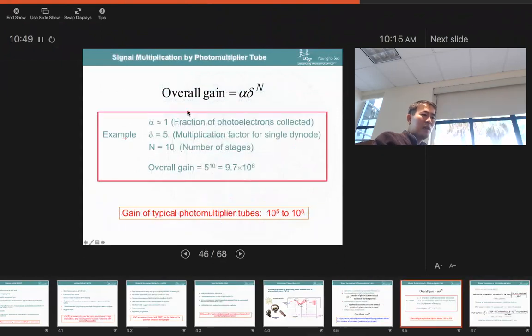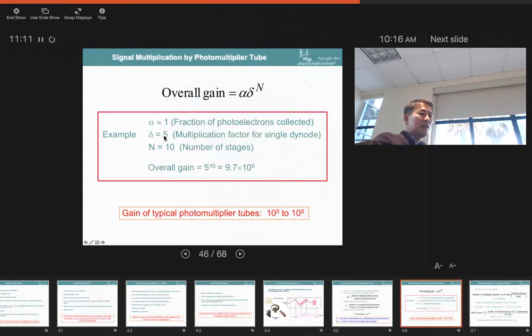Let's look at an example. Let's say alpha is close to 1. As I said, if it's a well-designed PMT, alpha in this equation should be close to 100%. Delta is the multiplication factor each time dynode amplification happens.